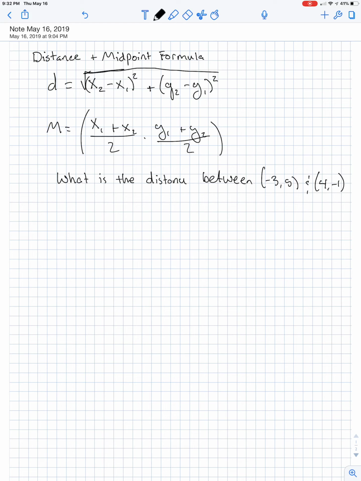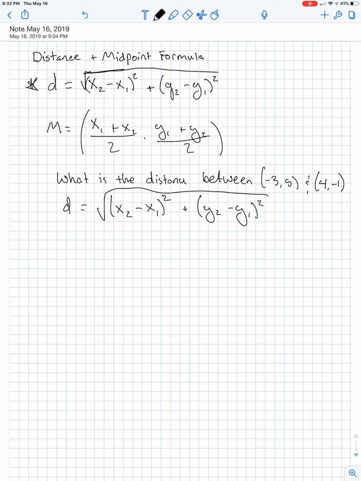Alright, so your first step in solving this equation will be to bring down your distance formula. Always write out all the steps so you know not to forget anything. So it's going to be the square root of (x2 minus x1) squared plus (y2 minus y1) squared.